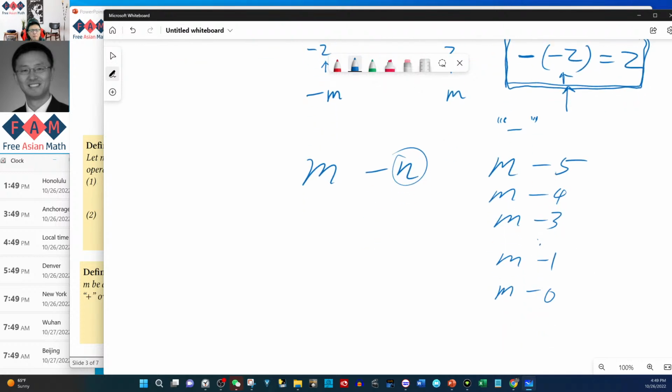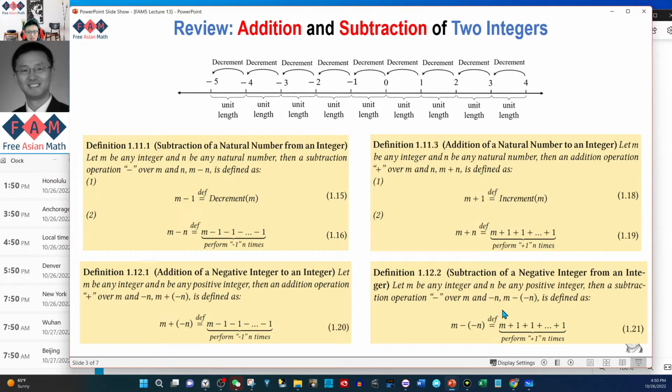But if we keep reducing this number, what is m minus negative 1? And what is m minus negative 2? Each time we reduce the number being subtracted, the result goes up. So we expect it to continue going up if we reduce 0 to negative 1. That gave us the motivation for such a definition.